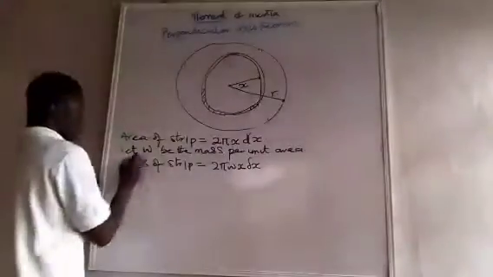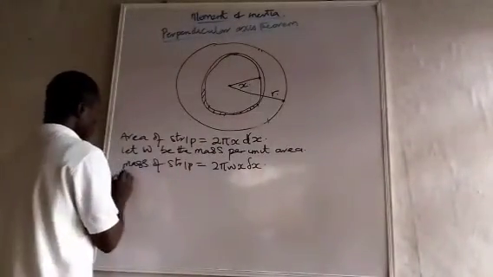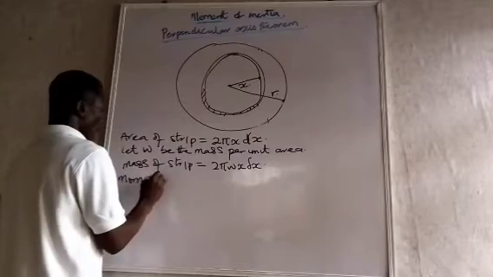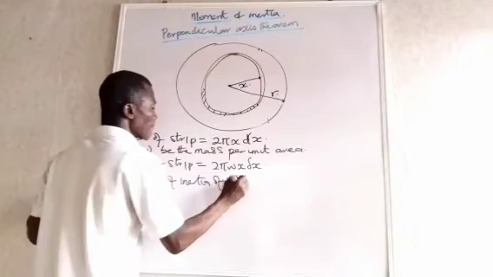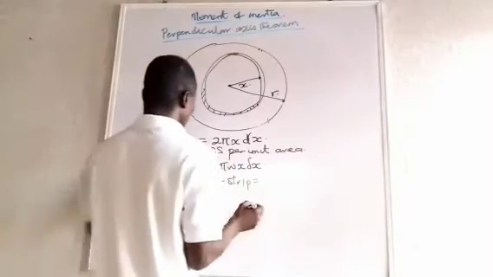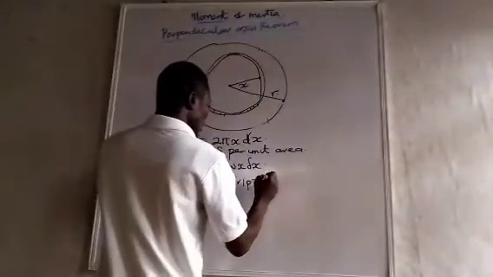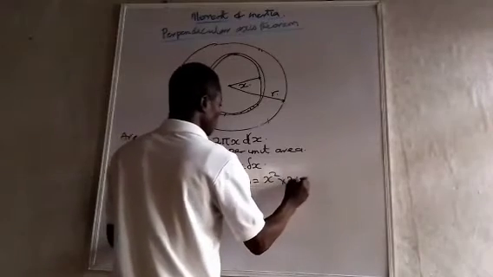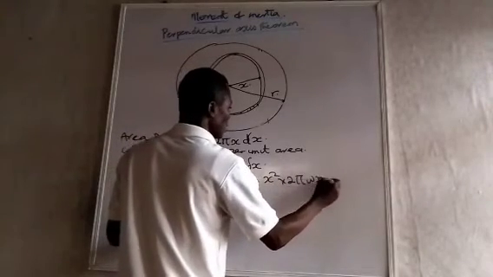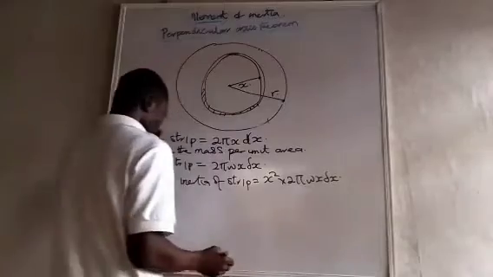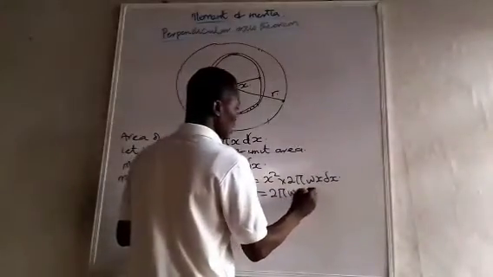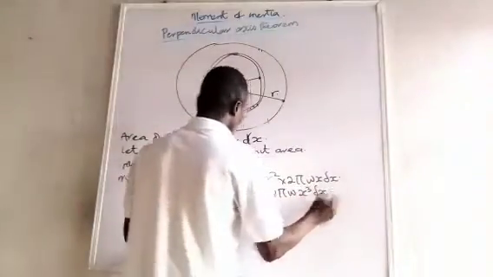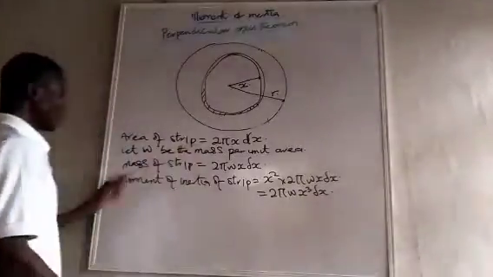So for the moment of inertia of the strip, we take the square of this distance, x squared times 2 pi W x delta x, which is 2 pi W x cubed delta x. Now, we have gotten that of the strip.